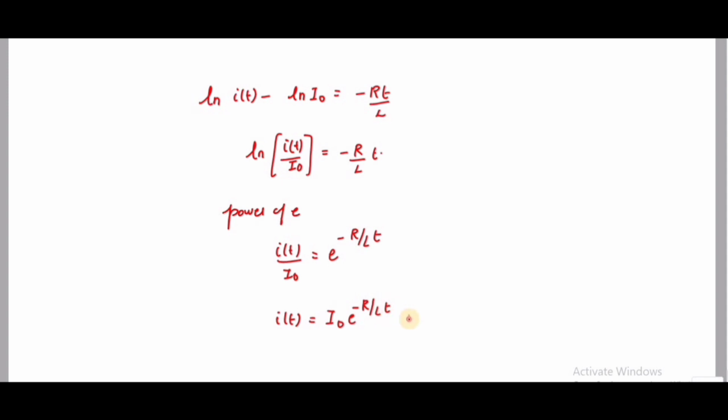This I can write as I naught into e power minus t divided by tau, where tau is a time constant. So what is tau? Tau is equal to L divided by R. This is an important formula.